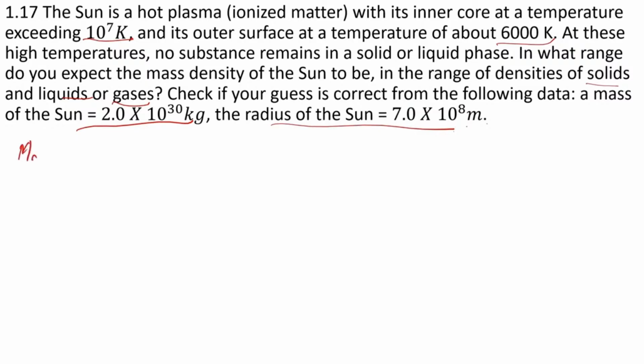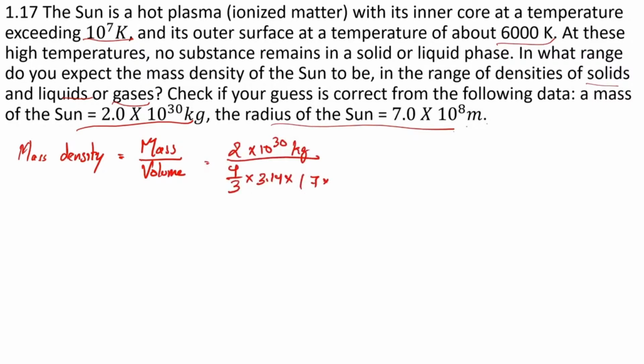Upon using the expression of mass density, we have mass divided by volume. According to the given data, the mass density of the sun would be equal to 1.4 into 10 raised to the power 3 kg per meter cube, and we can infer from this data that since liquid like water has a density of 1000 kg per meter cube, and this range can also refer to the density of wood, that is a solid.